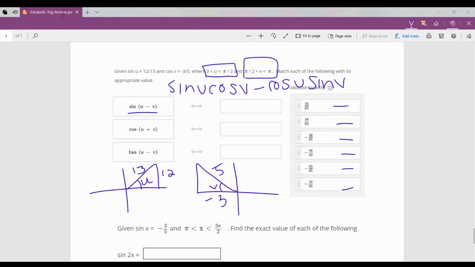Okay, so it's kind of like the one right above that we just did. It's just that it gives you a couple of them that we need to do. All right.